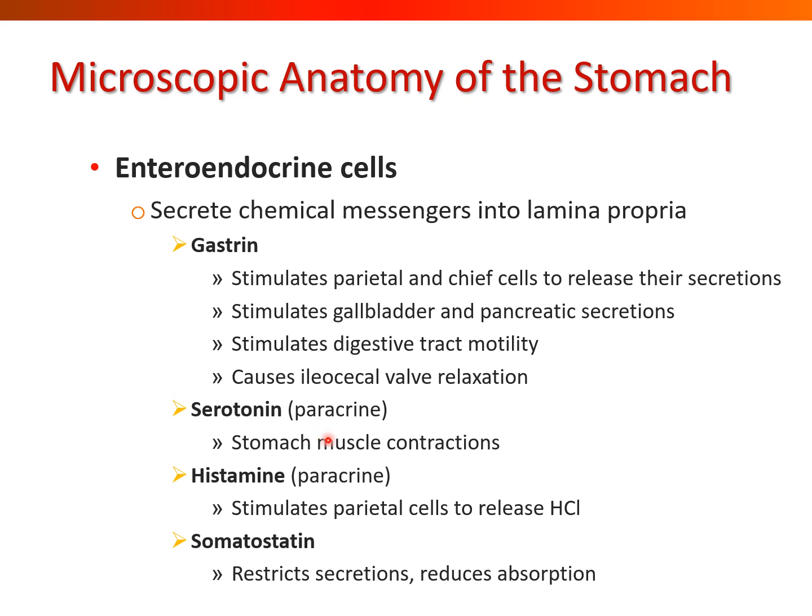You'll notice that I have the word paracrine here. Paracrine is a chemical messenger that gets released and is intended to act on local tissues. So para means near or adjacent to or next to. So the enteroendocrine cells are going to be releasing these molecules so that it will work on the tissues of the stomach.